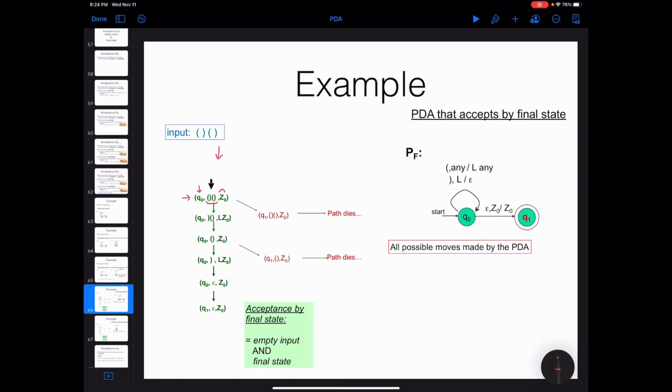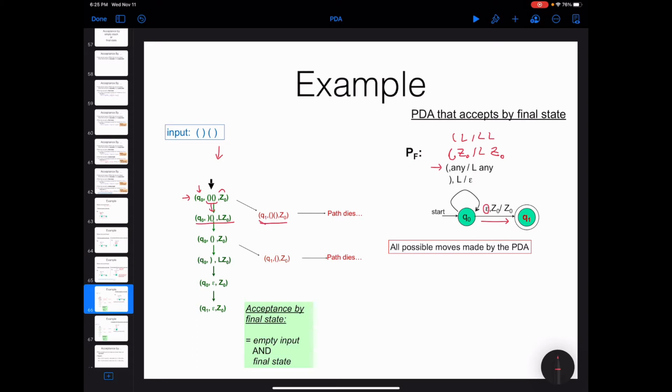Because the top of the stack is Z0, you can either move to Q1, right, without consuming anything from the input, or you can use these transitions that tell you that it doesn't matter what is on top of the stack, if it is Z0 or if it is L, you can stay at Q0 and push a token L to the stack. Okay, so there are two moves.